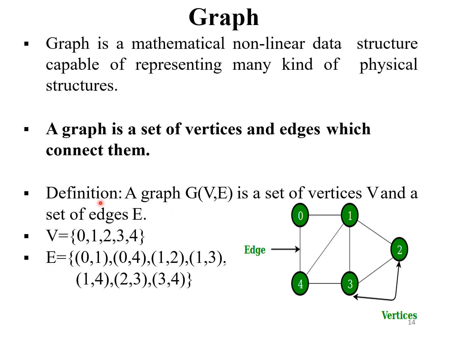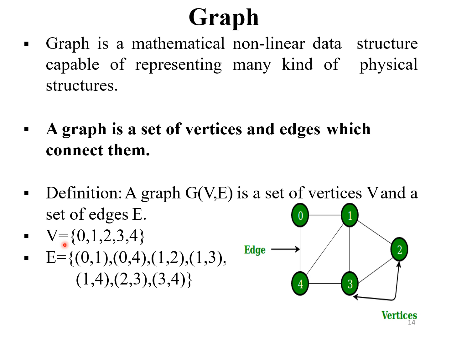See here a definition of graph. A graph G, means graph, (V, E), means set of vertices, comma, set of edges, is a set of vertices V and a set of edges E. So the definition of graph is a set of vertices and edges which connect them. Here, how to write the set of vertices?